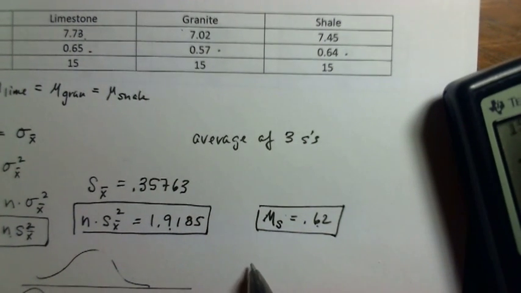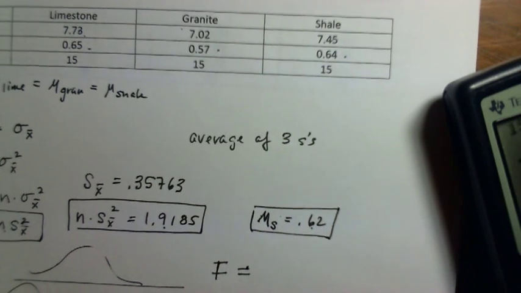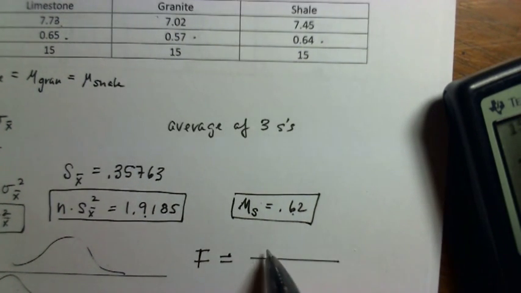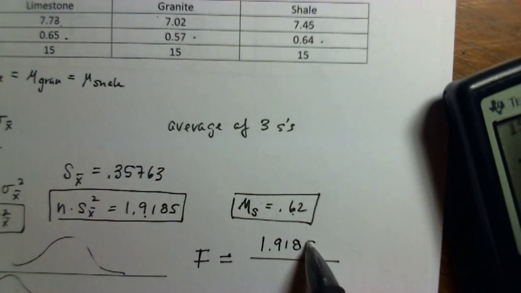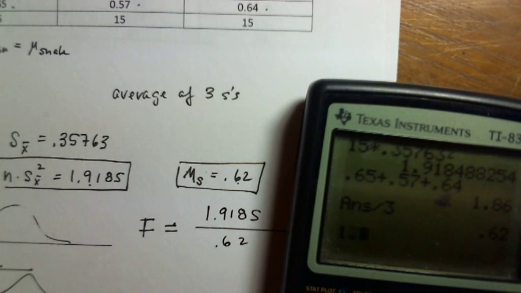So what we're going to use is a whole different statistic. We call it F. And F is just going to be the top divided by 0.62. So 1.9185 divided by 0.62.